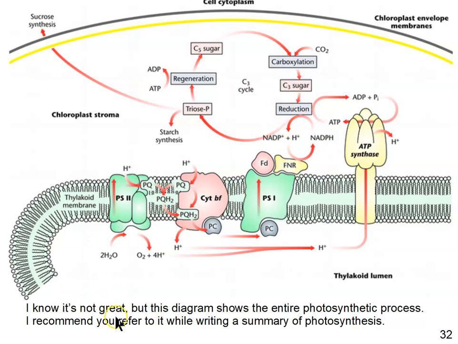So, as I'm suggesting here, you refer to the diagram to write a summary of photosynthesis, the entire photosynthetic process, both the light-dependent and light-independent reactions. That would be a great exercise for you to perform as a way to practice and solidify what you understand about photosynthesis.